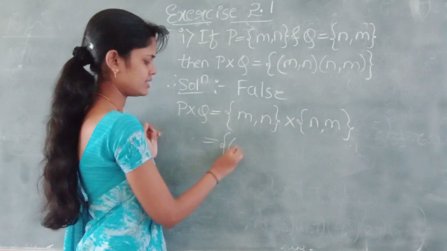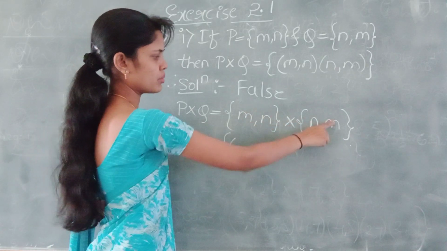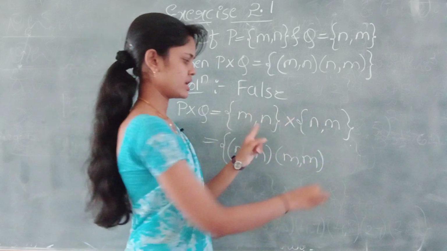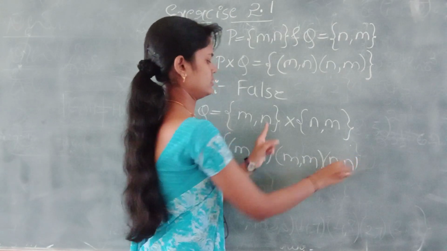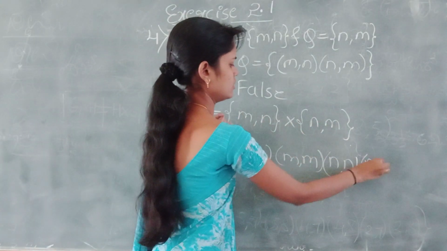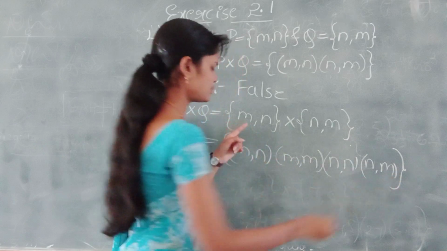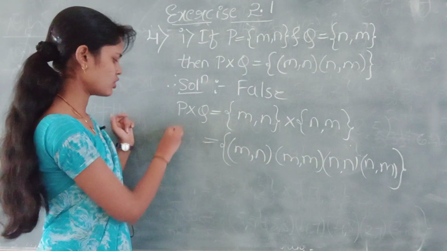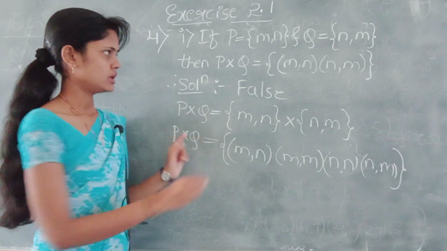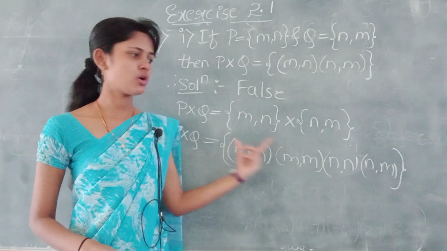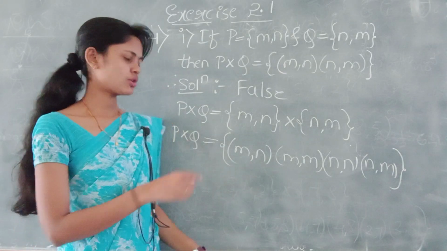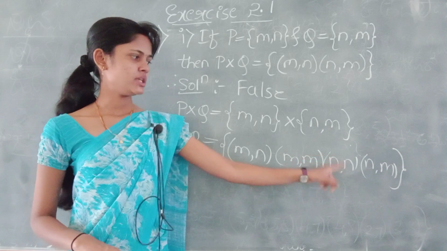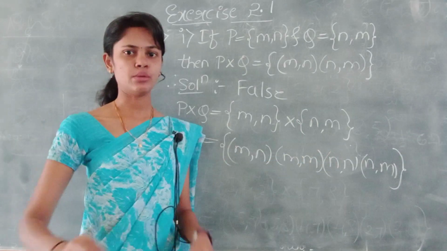M comma N, M comma M, and then N comma N, then N comma M. So here how many ordered pairs did we get? 1, 2, 3, 4. So totally 4 ordered pairs we got for P cross Q. Therefore the given statement is wrong and the correct statement is P cross Q is equals to the ordered pairs M comma N, M comma M, N comma N and N comma M.